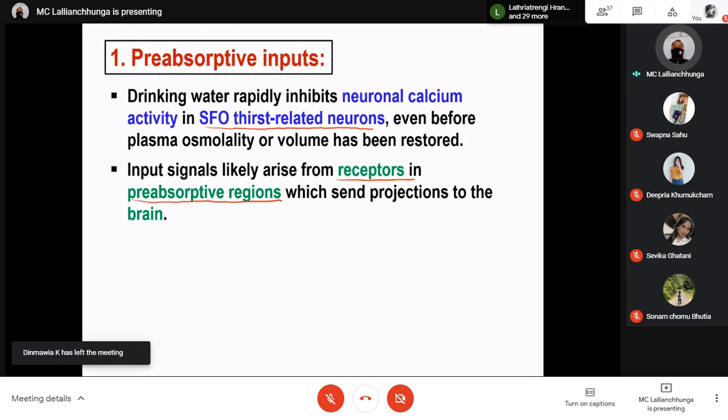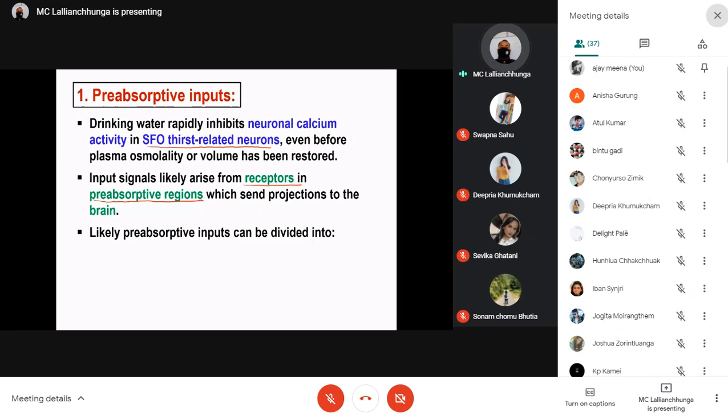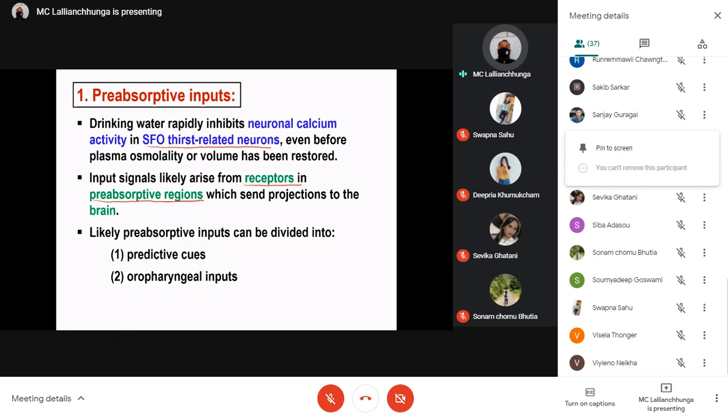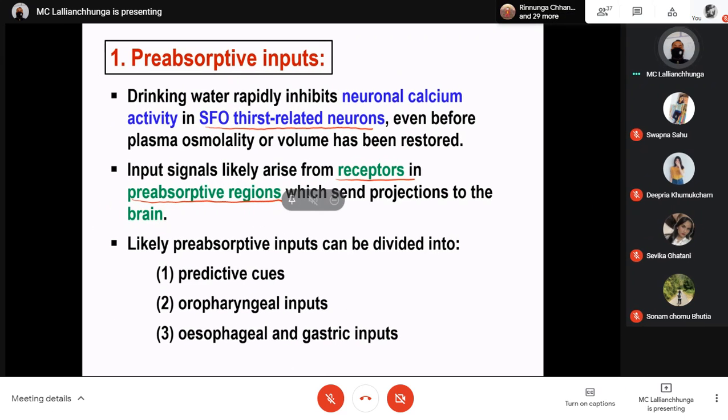That means we are talking about the digestive tract, through which no reabsorption takes place, but which is supplied with nerves that can send signals to the brain. Likely pre-absorptive inputs can be divided into number one, predictive cues, number two, oropharyngeal inputs, and number three, esophageal and gastric inputs. We'll discuss them one by one.